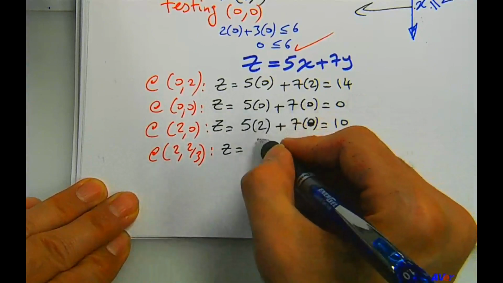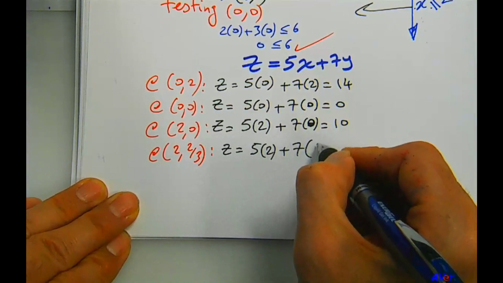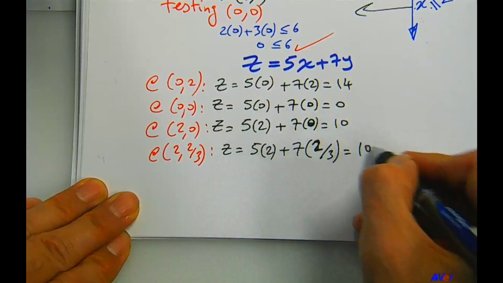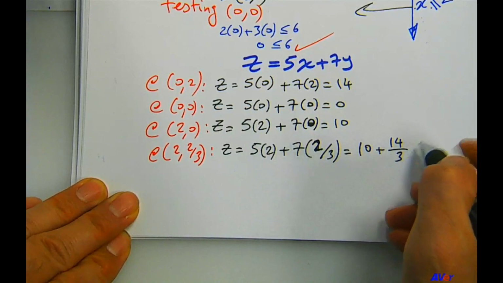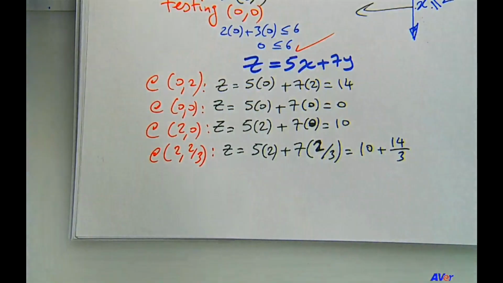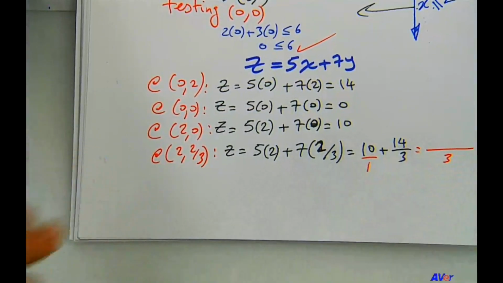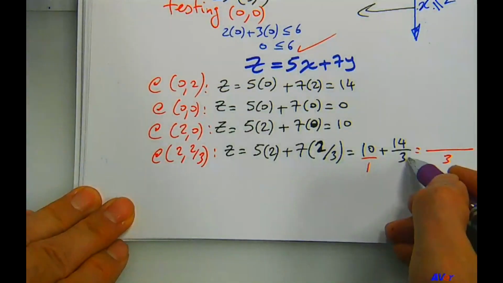And then z equals 5 times 2 plus 7 times 2 over 3. So what do we get? We get 10 plus 14 over 3. And so if we take the common denominator here, this is 1, and so the common denominator is 3. 14 over 3, it's already there, so we don't need to multiply this by anything.